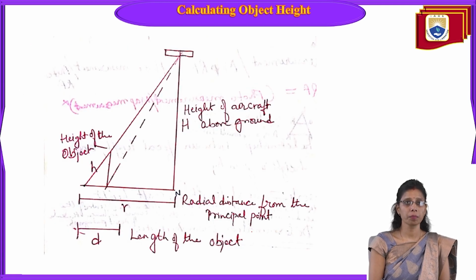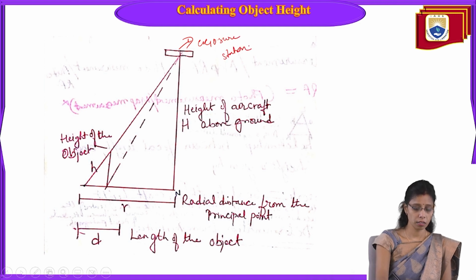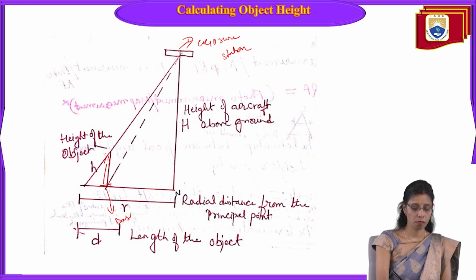Now if you want to understand in a simple way, suppose this is your exposure station, and this is the object. This is the height we have to measure. This is the base and this is the top.